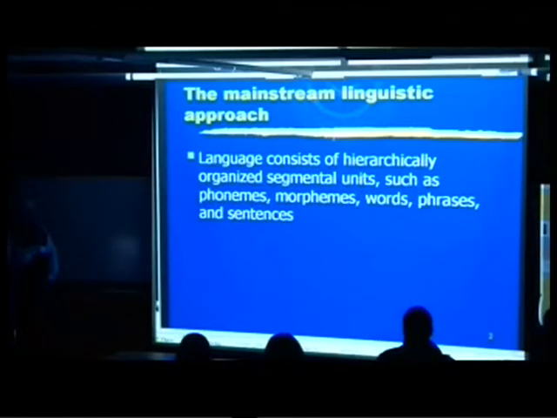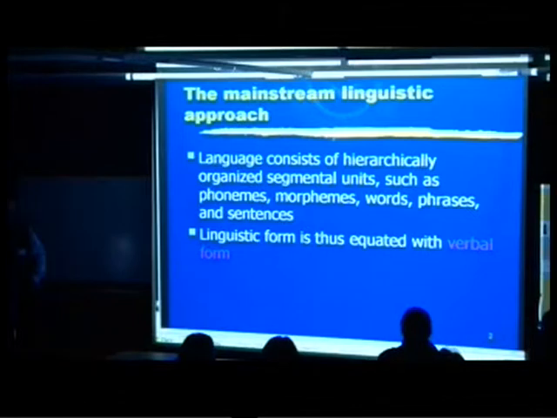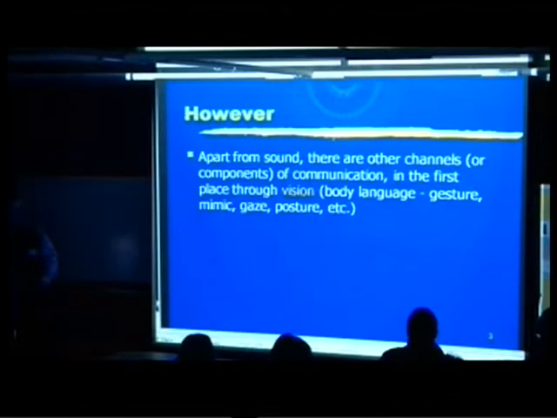But at the same time, as we know pretty well, apart from sound, there are other channels of communication or components of communication, in the first place through vision. And this is what is called body language, and this includes gesture, mimic, gaze, posture, and other elements.